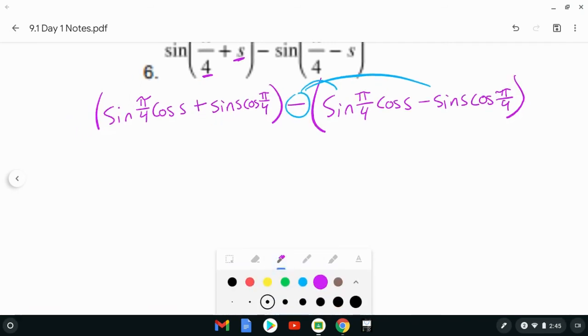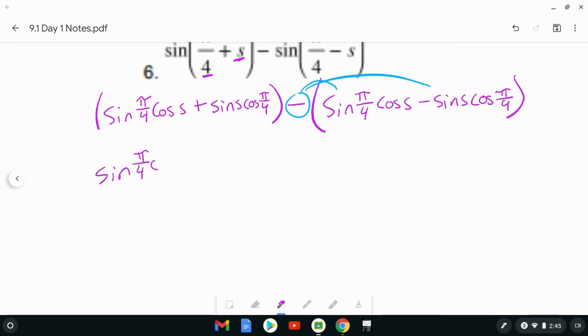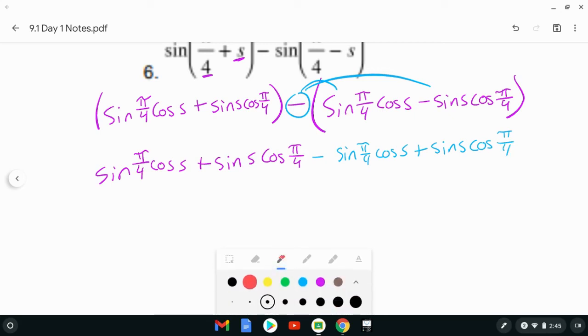So we have sine of pi over 4 cosine of s plus sine of s cosine of pi over 4 minus sine of pi over 4 cosine of s plus sine of s cosine of pi over 4. If we look at this after we've distributed, we end up with two terms that are exactly the same.